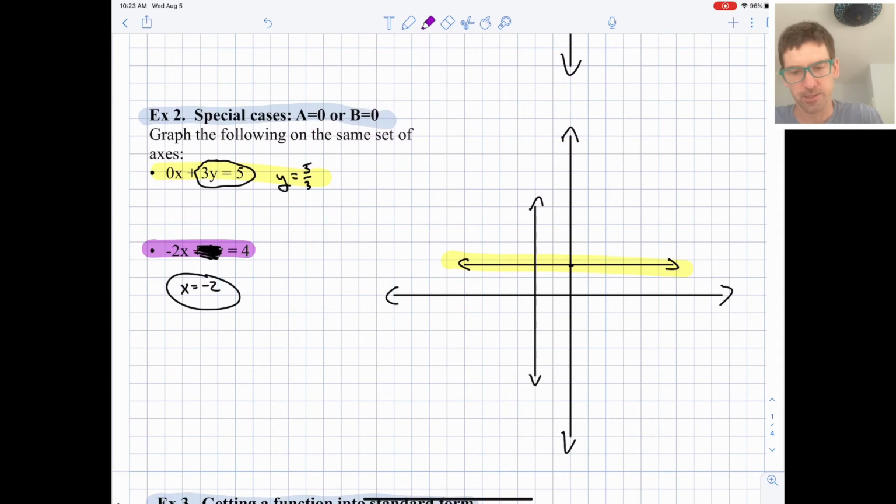So this equation is going to have that line right there. Okay, so if we have a special case, either a is 0 or b is 0, we'll get either a horizontal or a vertical line. Okay, hopefully you're realizing that vertical line is not a function because there are multiple y values for the same x value. It's a vertical line with an undefined slope.